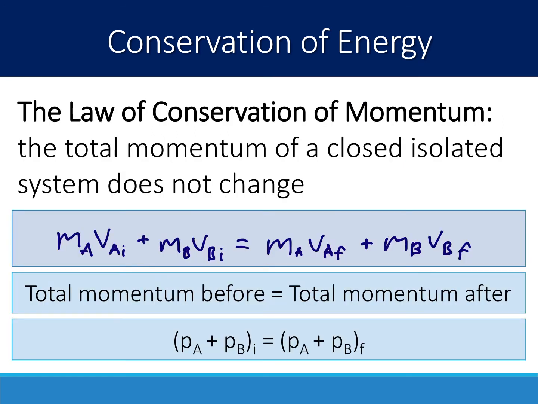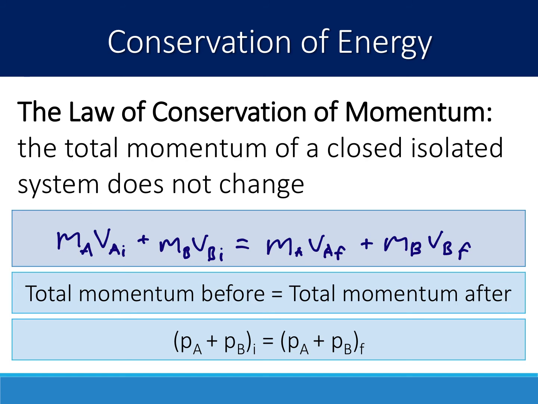Well, the law of conservation of momentum is closely tied with the law of conservation of energy. But when we talk about the total momentum of a closed system, it does not change, okay? So the initial mass and velocity of block A plus the initial mass and velocity of block B is equal to the final or after velocity of momentum of block A and the momentum of block B. Always true, the total momentum before is equal to the total momentum after.